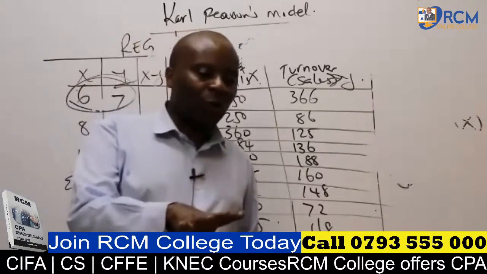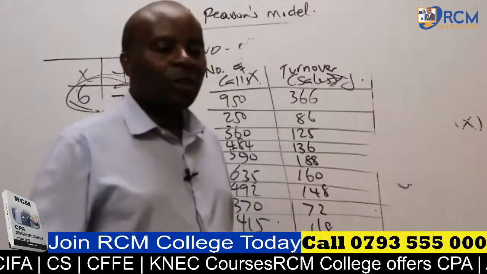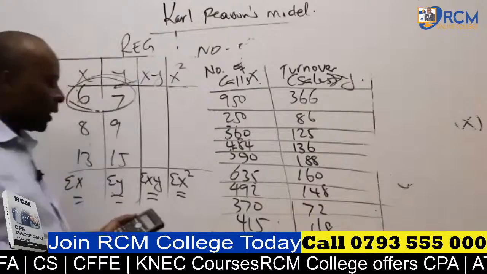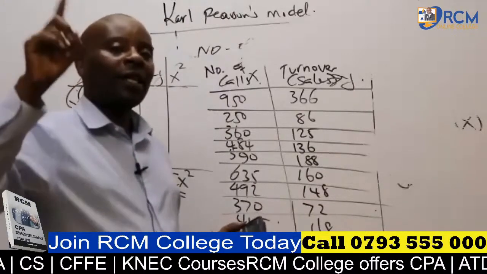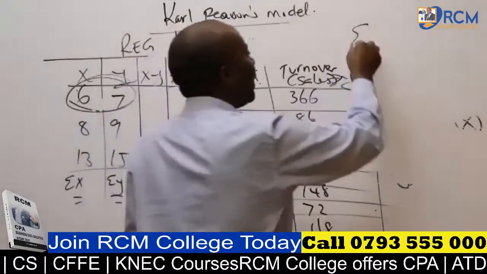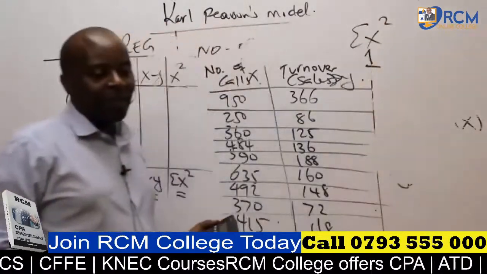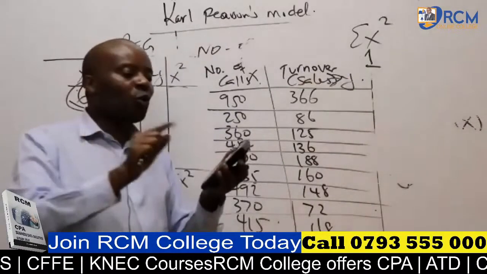Now I can see students are really coming through to give me what they're able to see on the screen. So the very first one that I want in this unknown matrix is a summation of x squared. If you're a good student, below sum of x squared, I can see a 1. So what I'm supposed to do is to write 1 there.